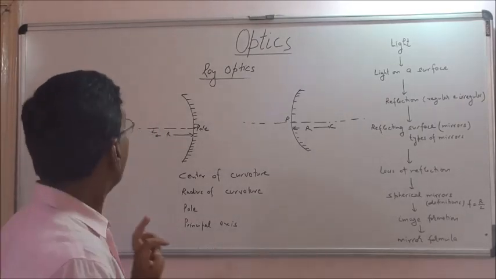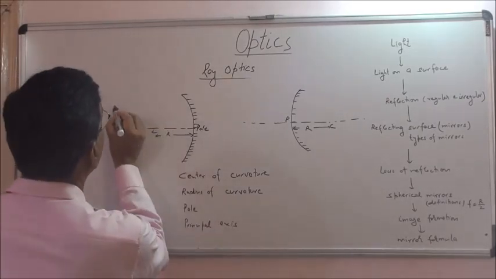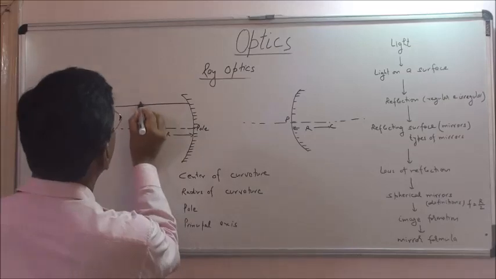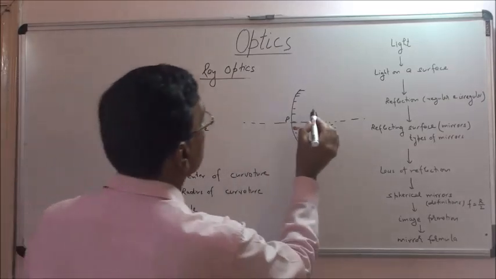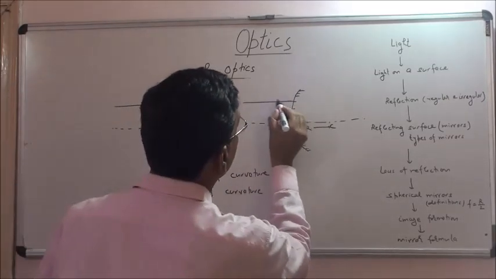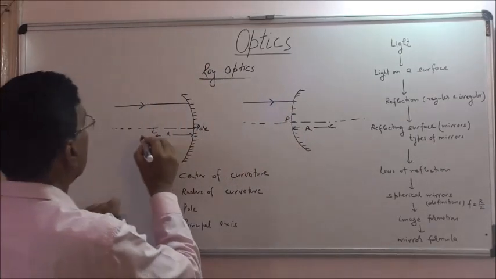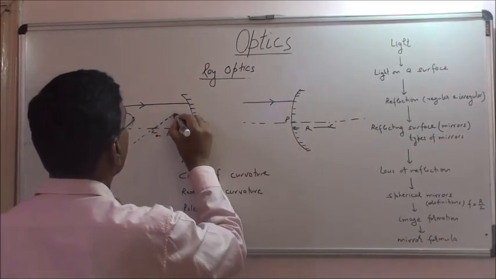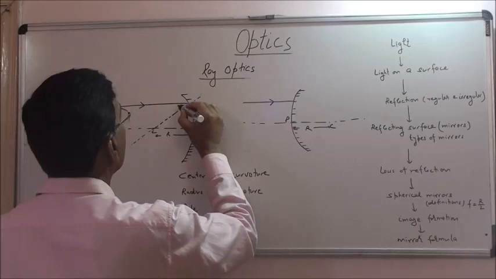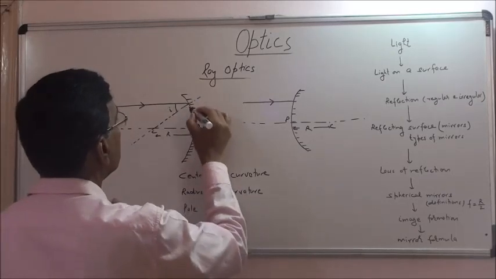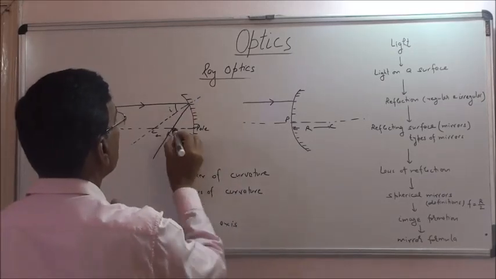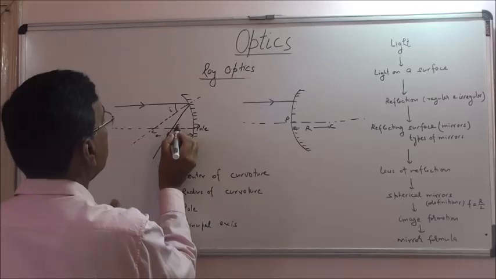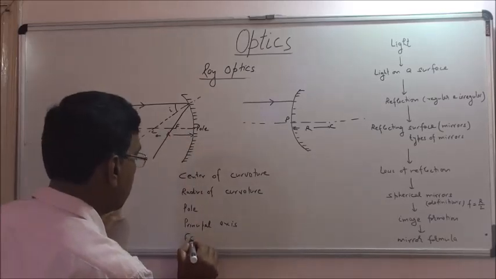And if I take a ray parallel to the principal axis, what will happen? This is the normal, this is the angle of incidence, so it will pass through a point which we define as the focus.